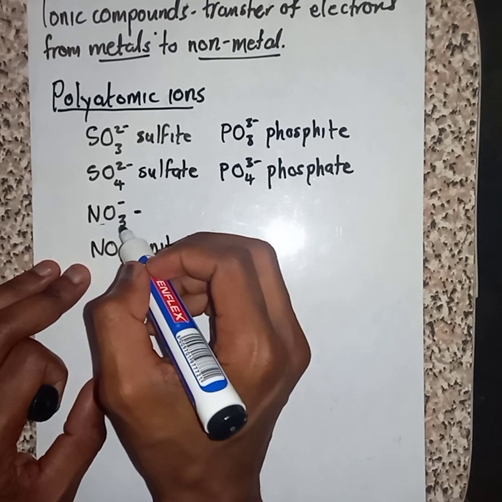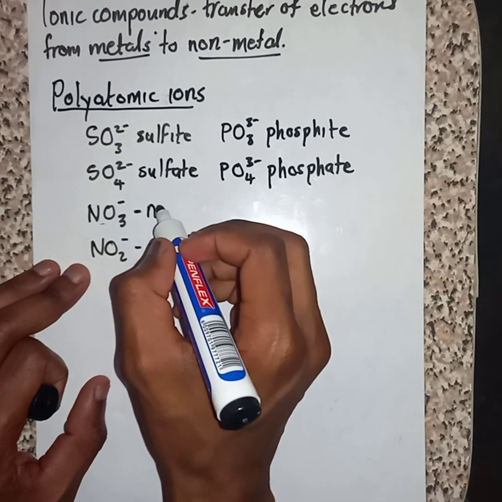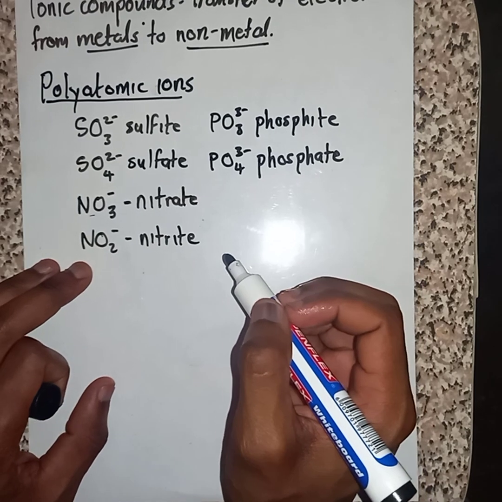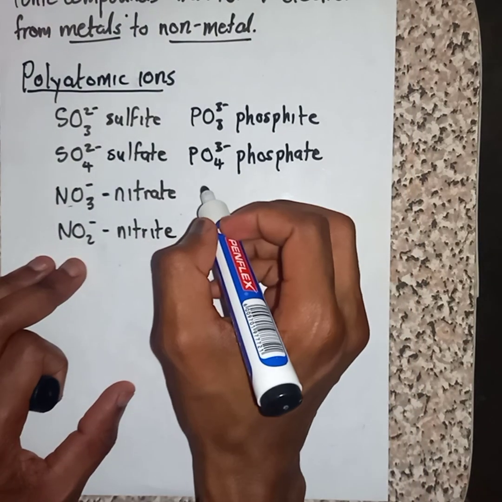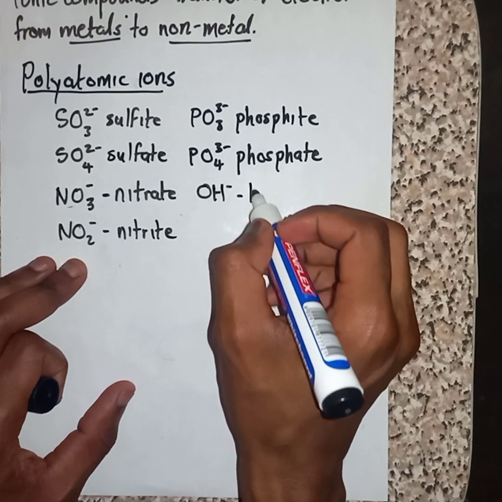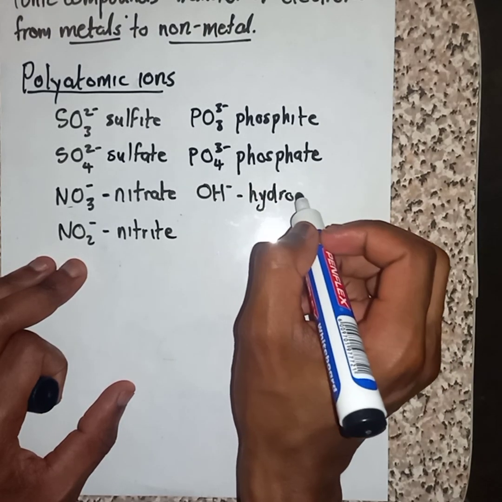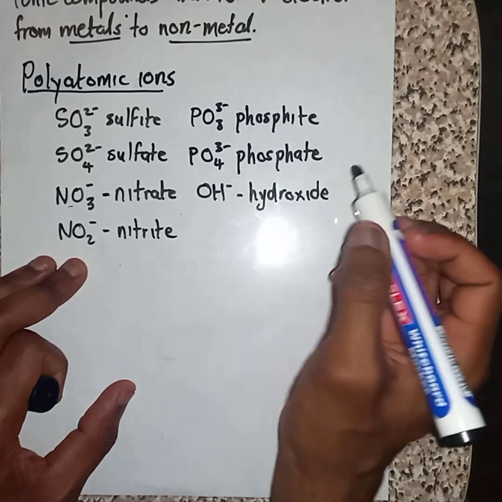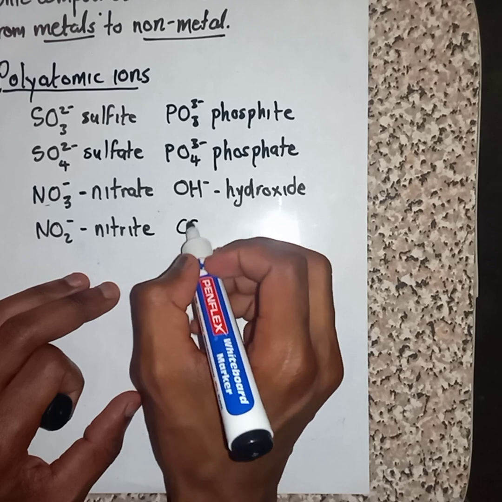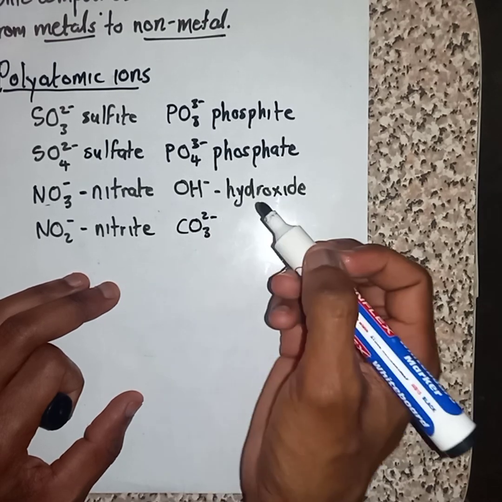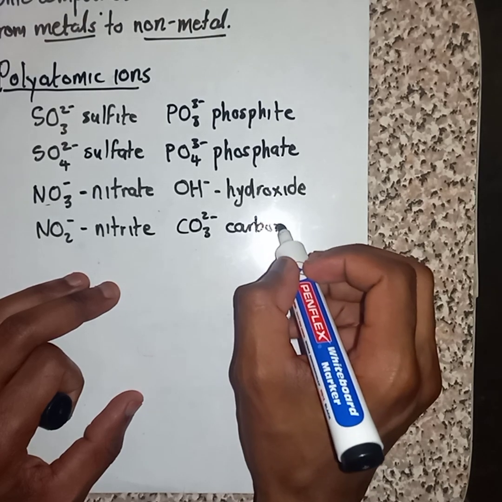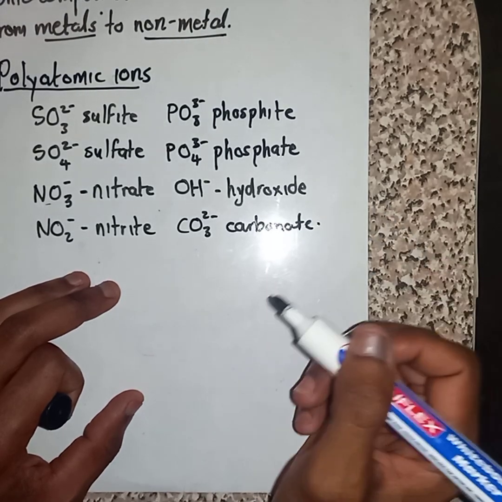We call it nitrate. See, we have to know them. Also have this one, we call it hydroxide. Then another form that we also have, this one CO3 2- is carbonate.